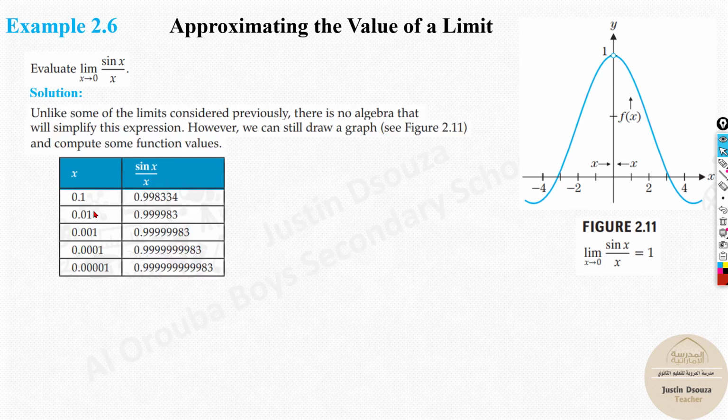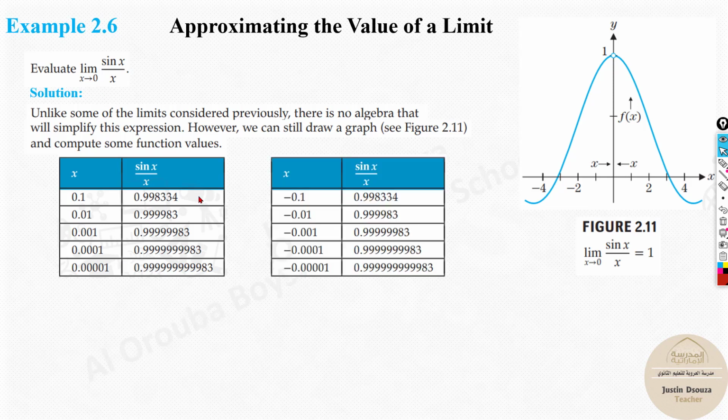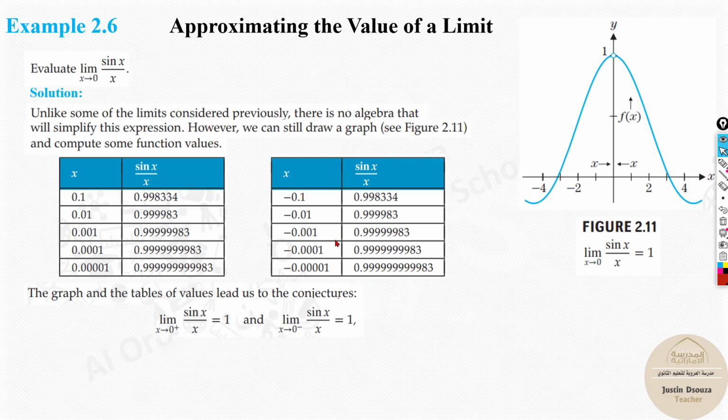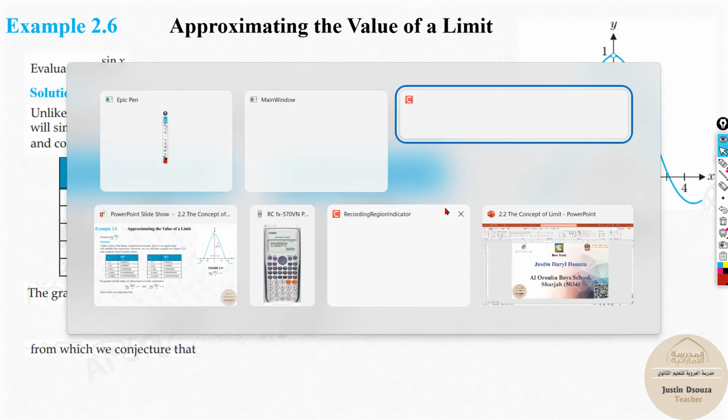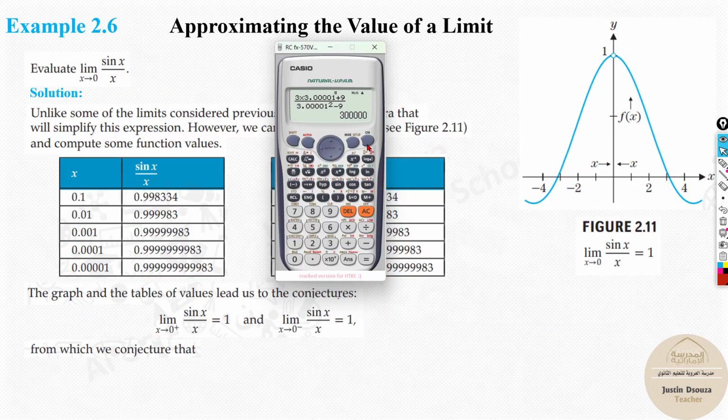What we do is we take values very close to 0, positive and negative, as we have done similarly, and the answer is 1, and therefore we consider sine x by x to be 1. We can do this again in the calculator directly. I'm just showing you. And one very important thing which I mentioned in the last video, now here x will be 0.00.